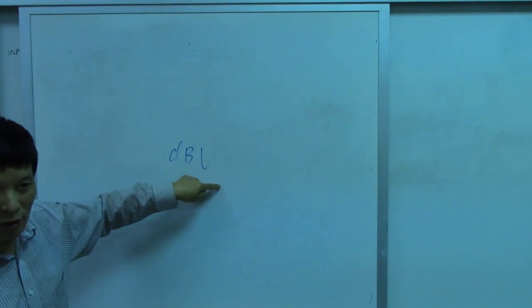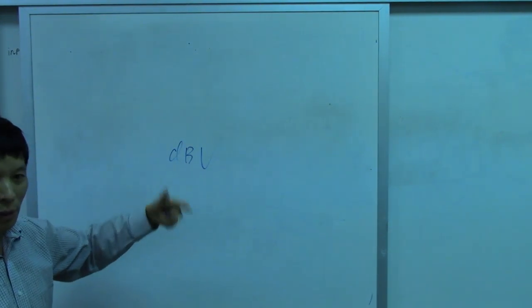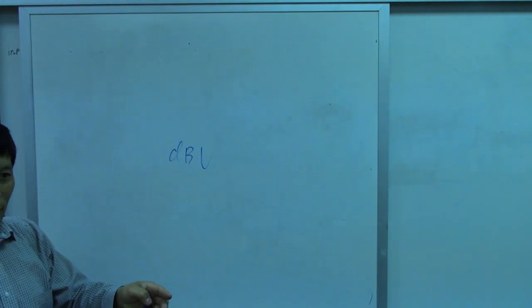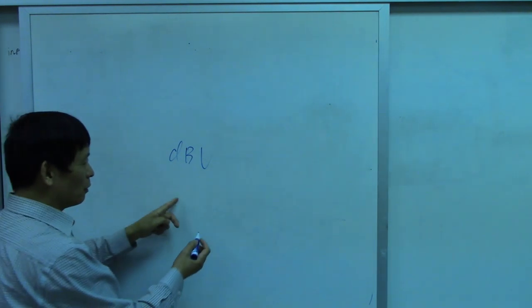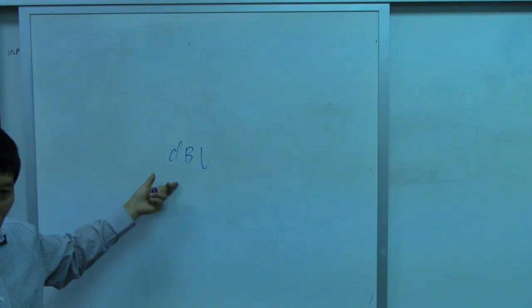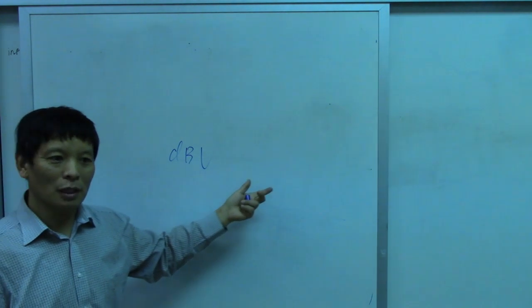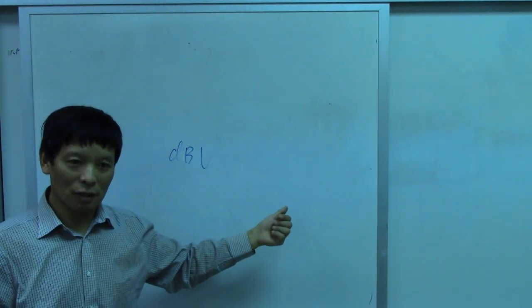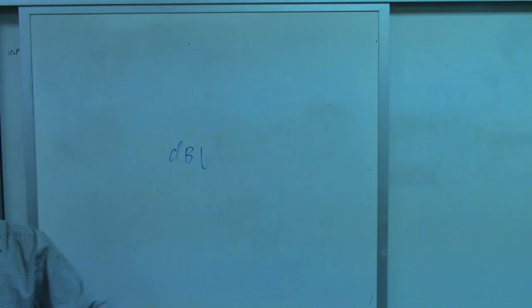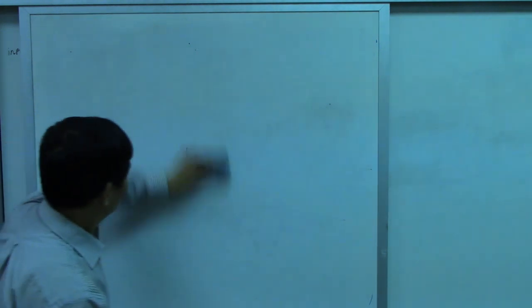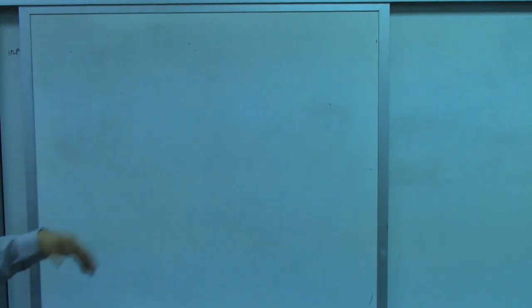If you use the voltage divider to divide the input voltage into half, that means the dBV must go down by 6, because it's 20 times the log base 10. It's minus 6, right? You just play with it a little bit more, then it's not hard to understand.